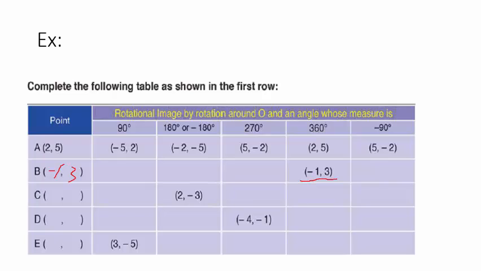When we need to rotate by 90 degrees, it will be (negative y, x), that means (negative 3, negative 1).